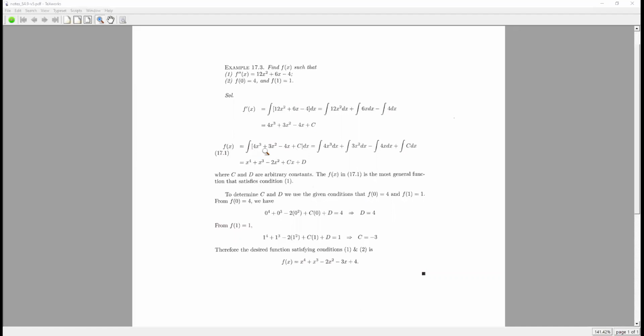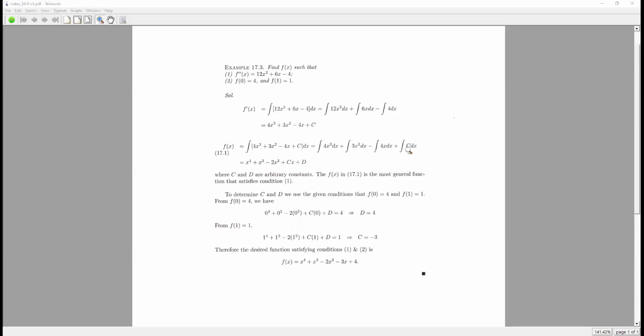By summation and subtraction formulas, I can write this integral as a sum and difference of these 4 smaller integrals. 4x cubed antiderivative is x to the 4th. 3x squared antiderivative is x cubed. 4x antiderivative is 2x squared.